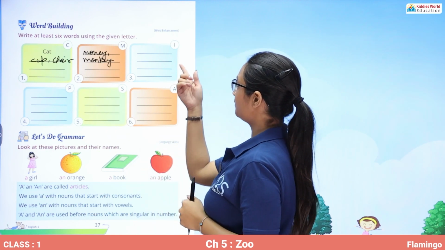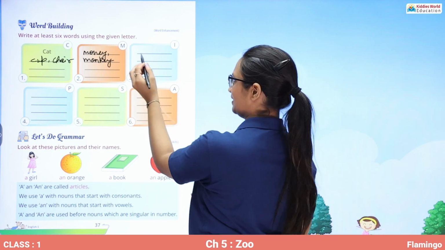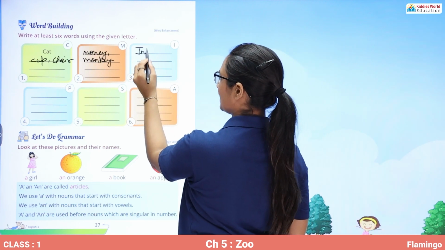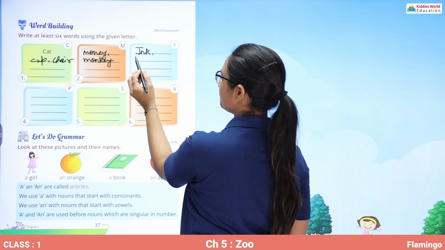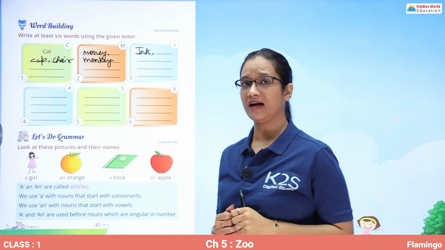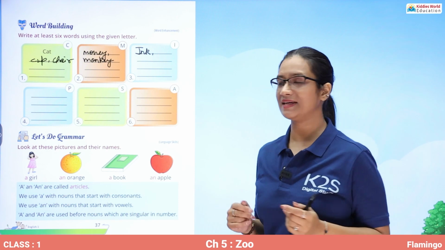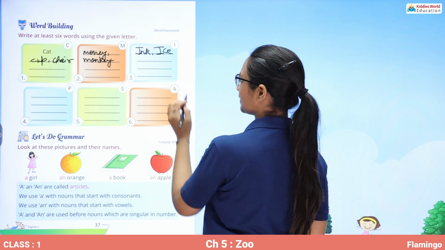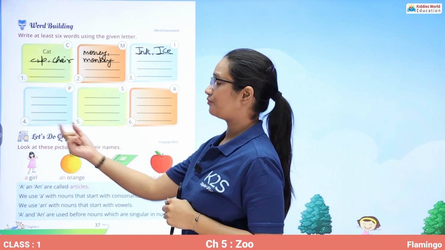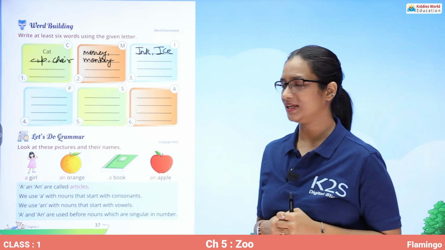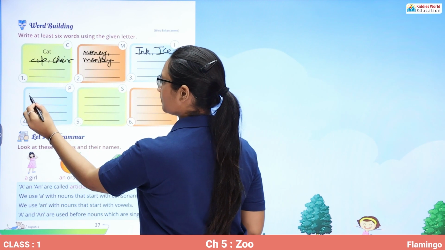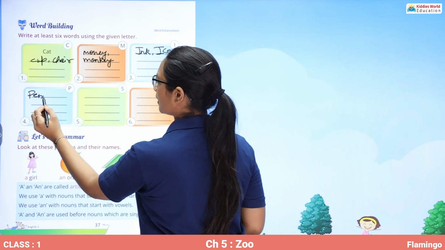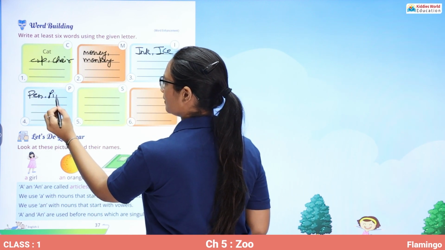After this, we have I. So you can write ink here. And also, from I, the other word you can think of is eyes. And now we have P. So from P, we can write pen and even pin.